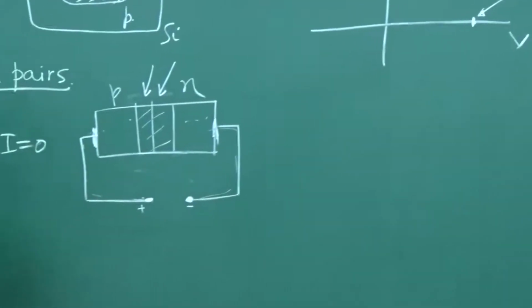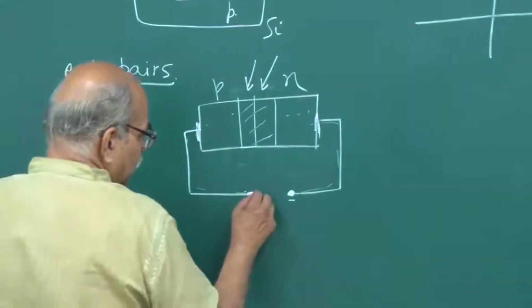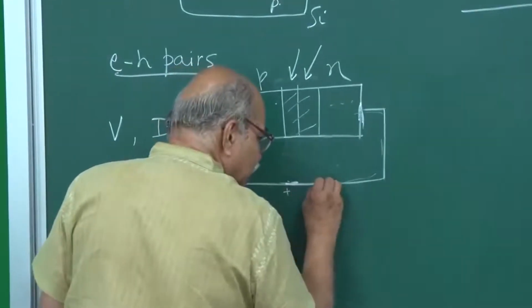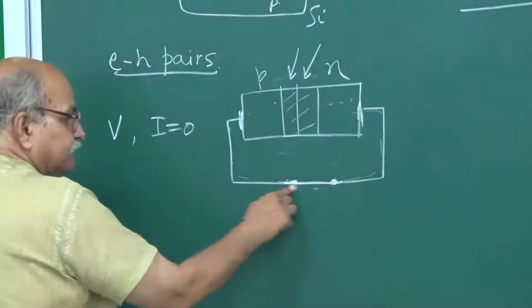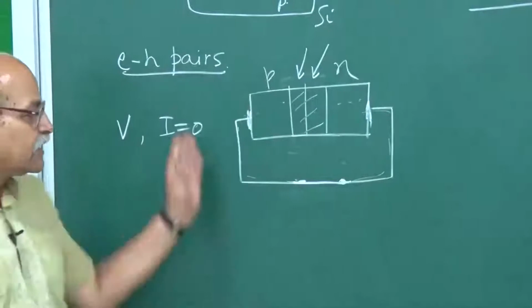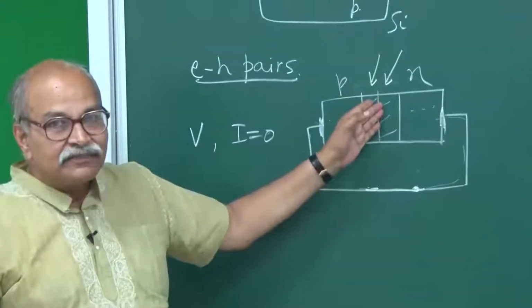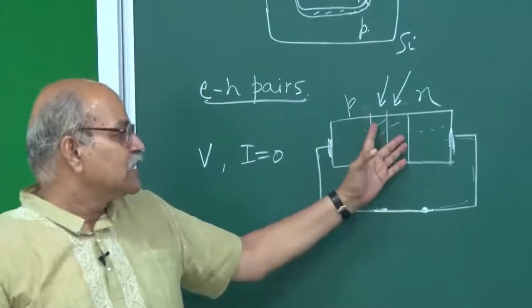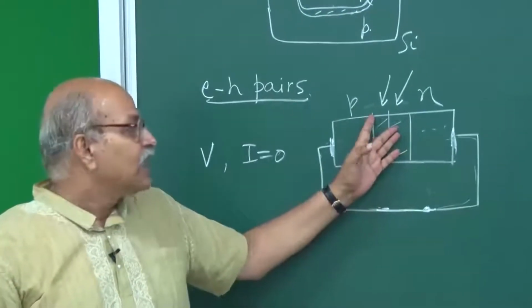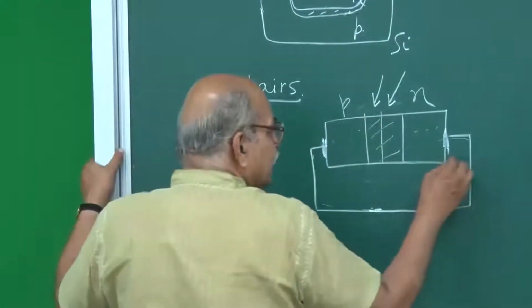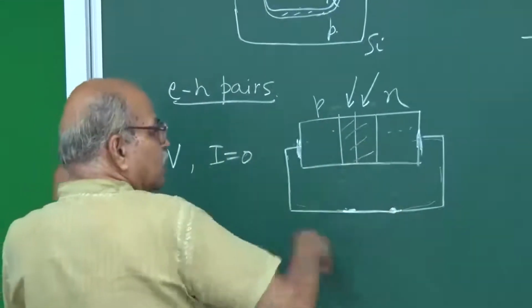What if I connect it to a load? First connect it by an almost resistance-less wire. Then what will happen? Light is falling, and therefore EH pairs are being created, and the electrons are going this side and the holes are going this side.